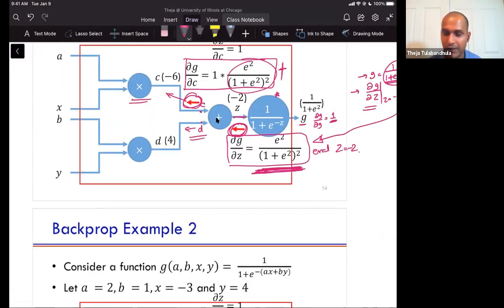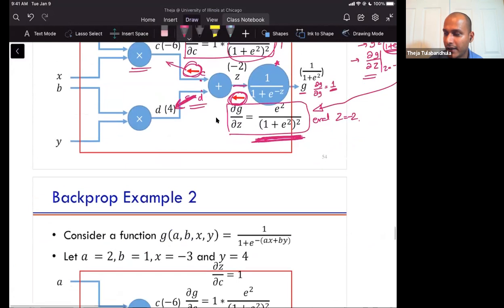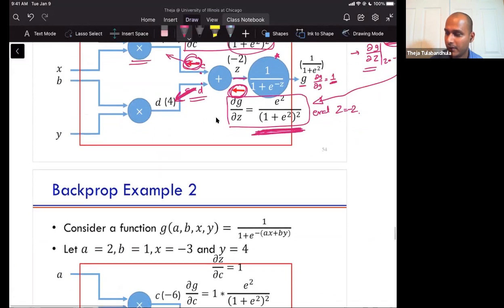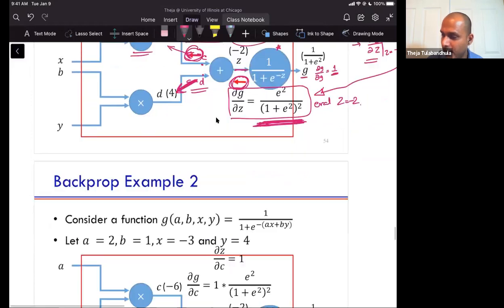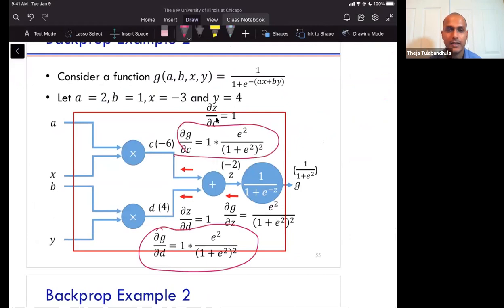We're also computing the local gradient that we pass on to the multiplier node on the edge D here, and these two incoming gradients to the predecessor nodes are the same. So there's no need to discuss it further. The gradient of g with respect to d is the same as the gradient of g with respect to c. Those are the two incoming gradients to these two multipliers.